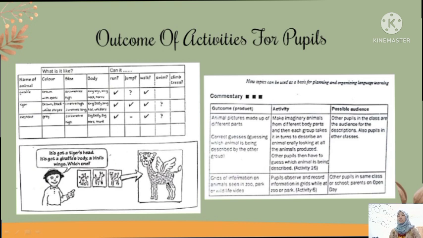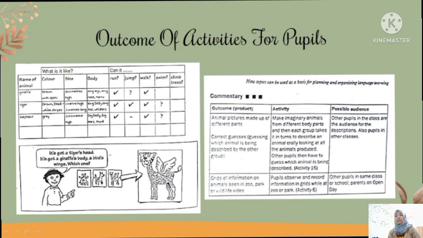Then we have outcomes of activities for pupils. Here we will identify outcomes for activities. You can see there is a column for the students. What it's like: there is the name of animals, color, size, body, and what it can do: run, jump, walk, swim, climb trees.